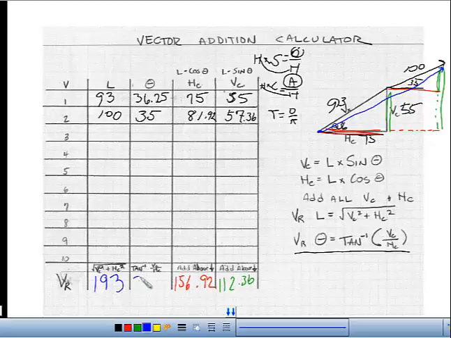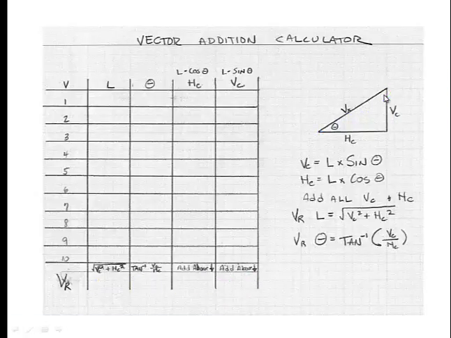Gosh, it's right what we expected. Right in the neighborhood. Drawing yourself a halfway decent scale drawing will help you anticipate what your value should be. And if you do a really good job, of course, you can actually add vectors by doing good scale drawings.